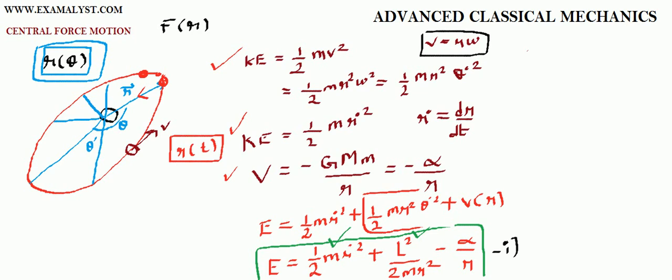So the angular momentum is what? Angular momentum is m r square theta dot. Okay, let this be equation number 2, and we'll play with equation 1 and equation 2.